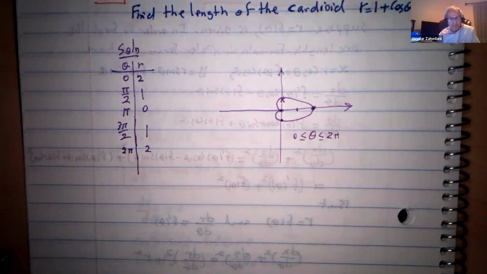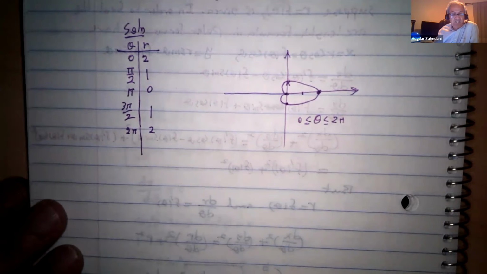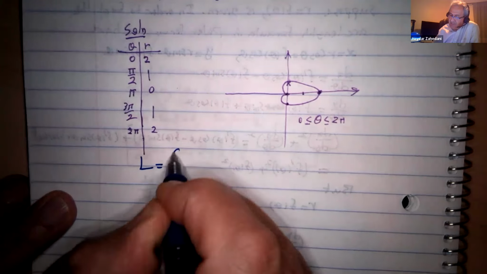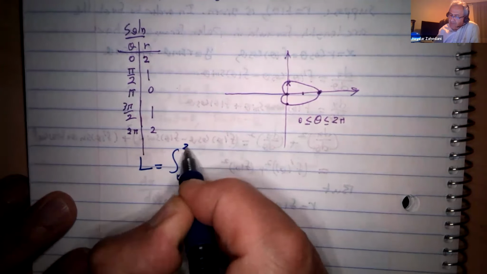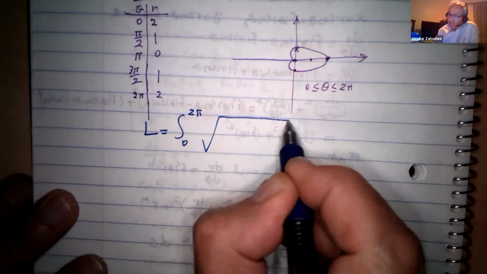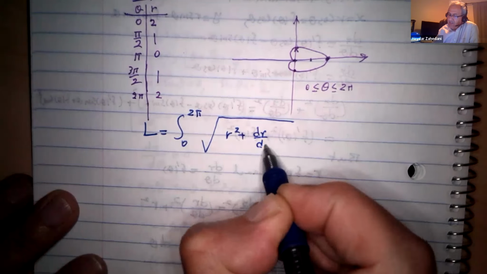Let's see what the integral is going to look like. The arc length is the integral from 0 to 2 pi, and the formula is the square root of r squared plus dr d theta all squared.